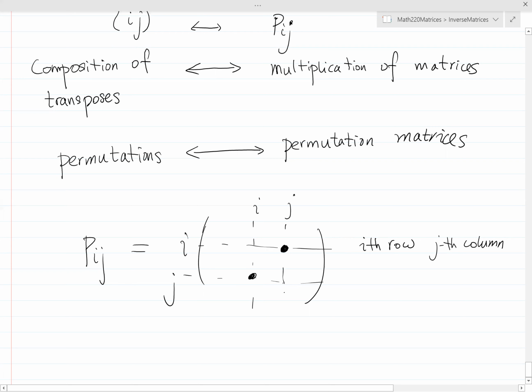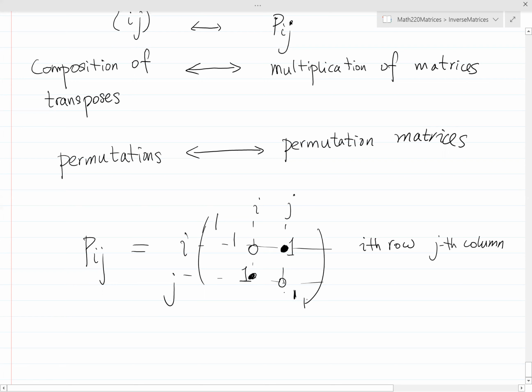On the diagonal, we choose 1, 1, 1. At positions ii and jj, we get 0 and 0. But at positions ij and ji, we get 1. All other diagonal entries are 1, and on the off-diagonals, everything else is 0.